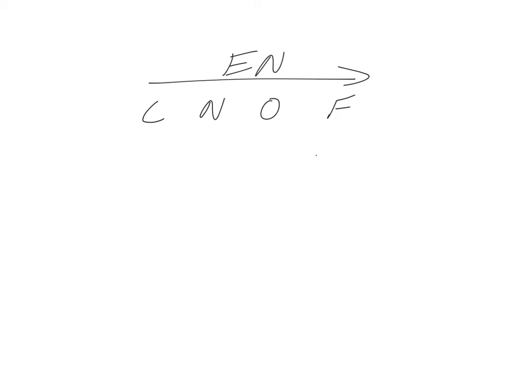Let's do a quick reminder about acidities. So as you go across the periodic table, we have carbon, nitrogen, oxygen, and fluorine. For all intents and purposes, we would guess, as electronegativity increases, fluorine is more electronegative than oxygen, which is more electronegative than nitrogen, which is more electronegative than carbon.